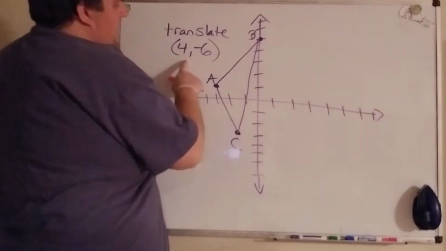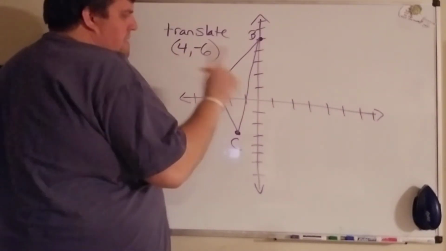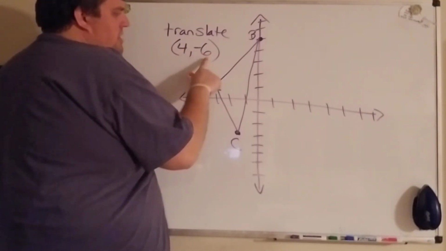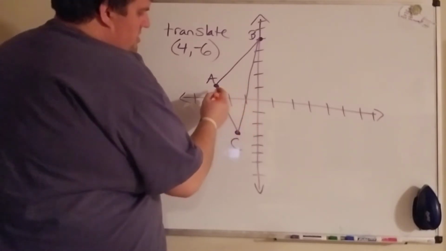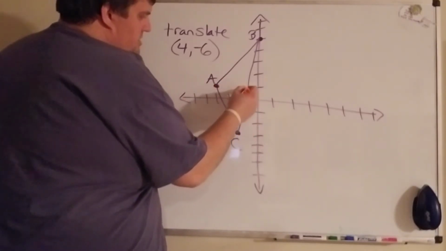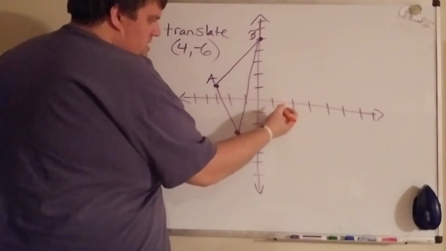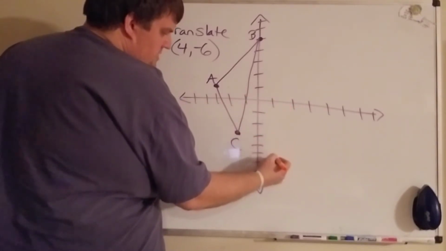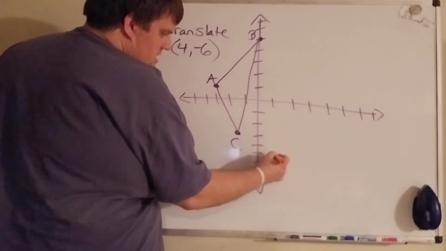So when I translate, every single point, A, B, and C, are all going to move what this says. And that's going to be to the right 4 and down 6. So over here, A, we're going to go 1, 2, 3, 4. And then down 1, 2, 3, 4, 5, 6. That's going to be right there.